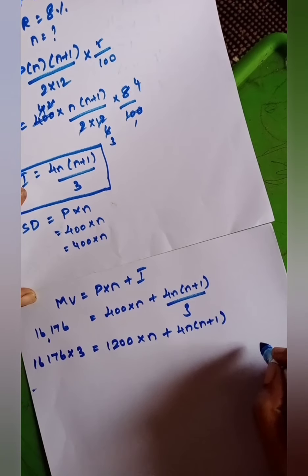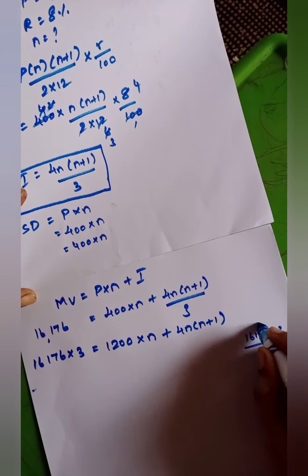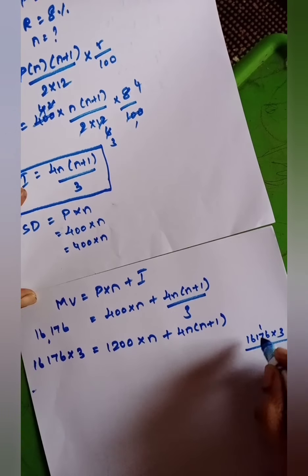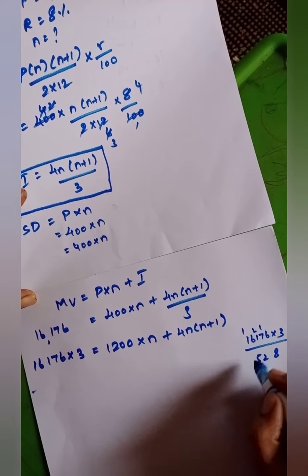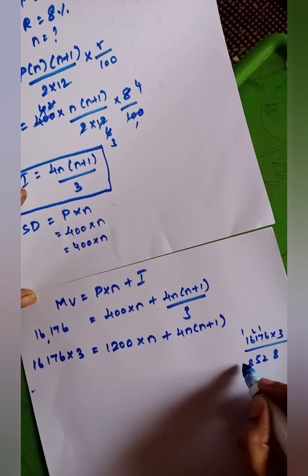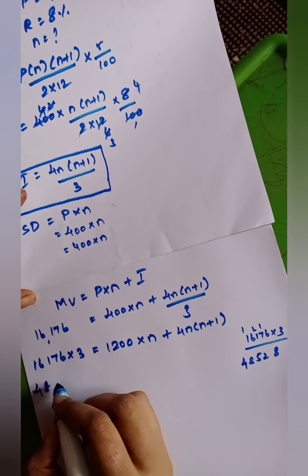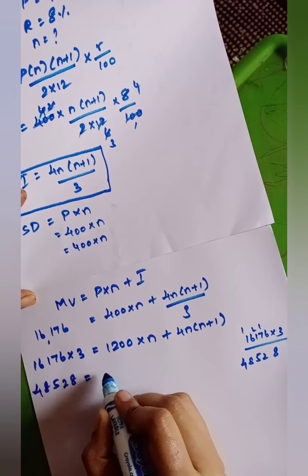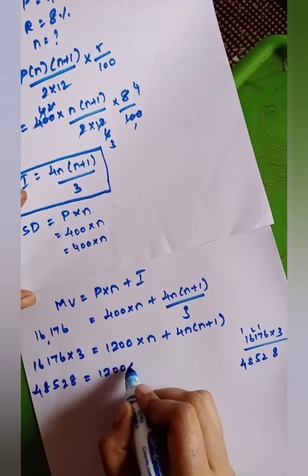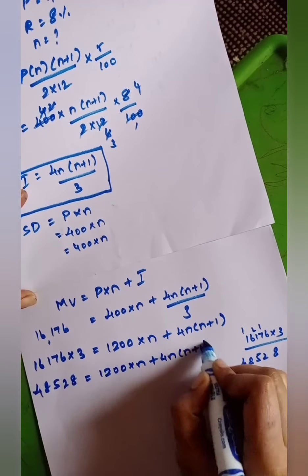So 16,176 into 3: 6 3s are 18, 7 3s are 21, 22, 3 1s are 3, 5, 6 3s are 18. That is 48,528 equal to 1,200 into N plus 4n into n plus 1.